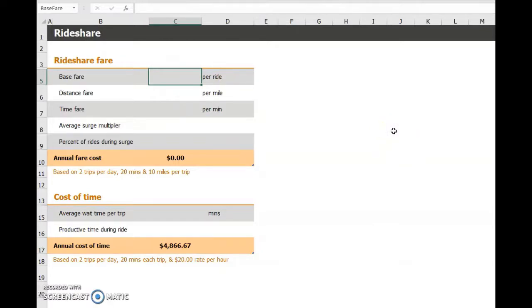So let's just say that the base fare, let's just go with $2.30, maybe. Maybe they also charge per distance, but let's go ahead and maybe keep that at, I don't know, 25 cents a mile. And if there's also a time variable that's charged, we'll just keep that pretty low at 10 cents.